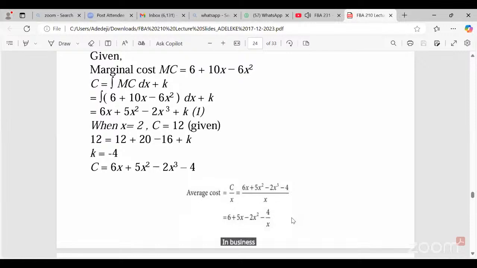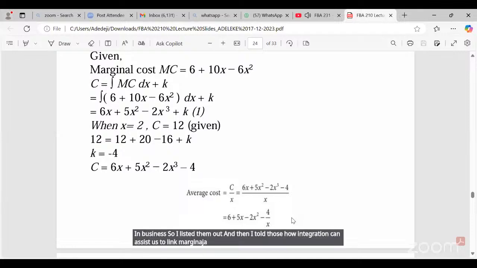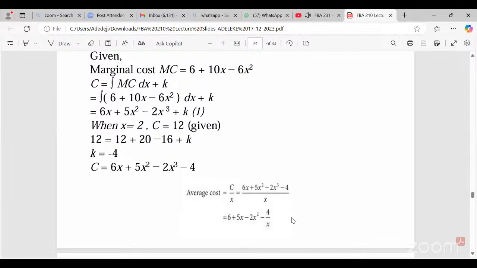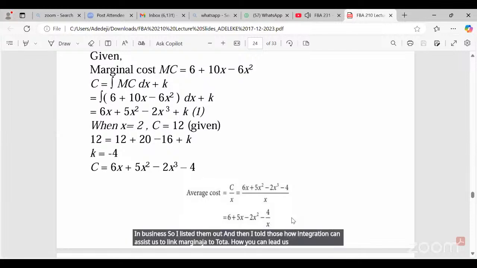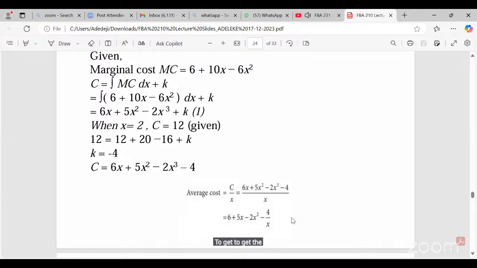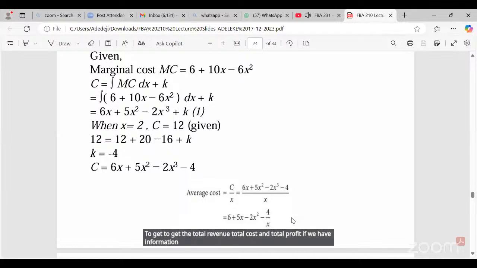I told us how integration can link marginal to total, and lead us to get the total revenue, total cost, and total profit if we have information about the marginal.